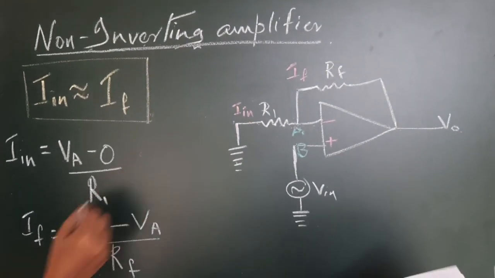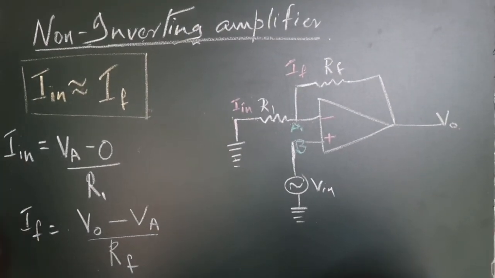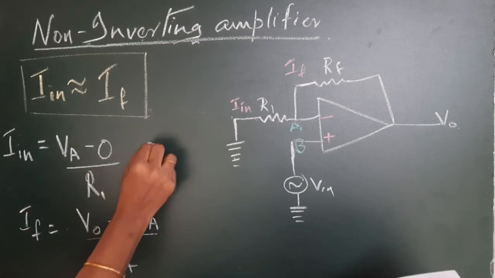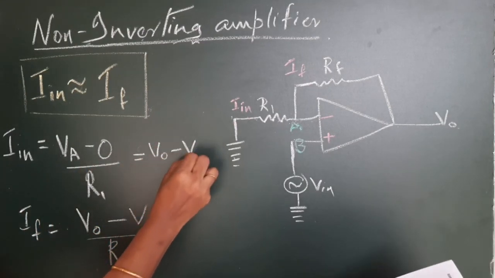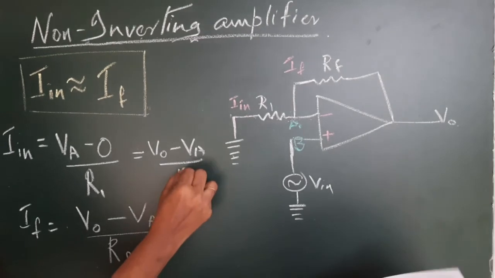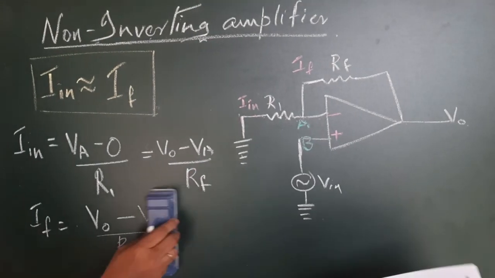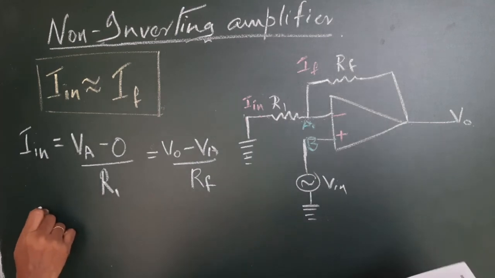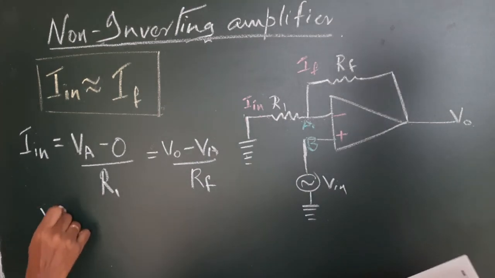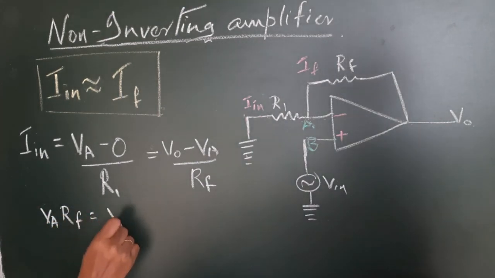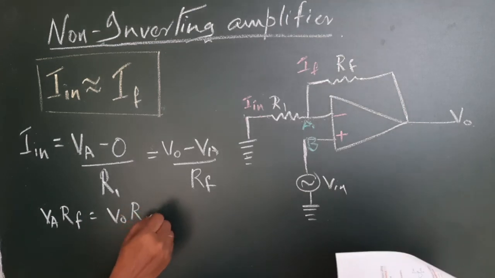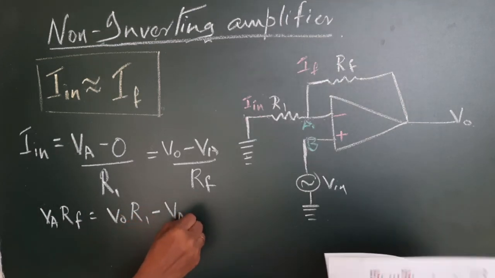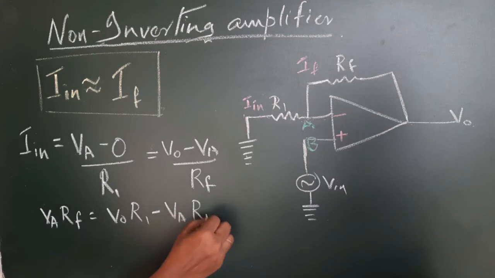So let us equate it because I in equals IF. So VA by R1 is equal to V out minus VA by RF. So let us try to rearrange this equation. So what will you get? VA into RF is equal to V out into R1 minus VA into R1.